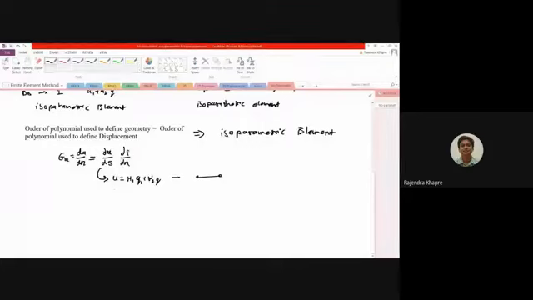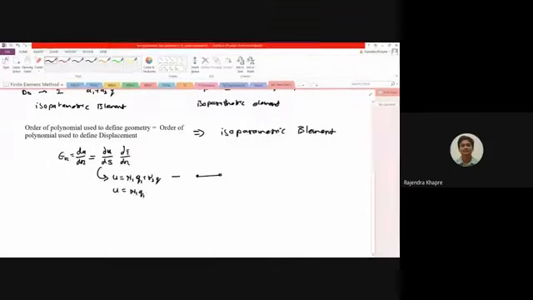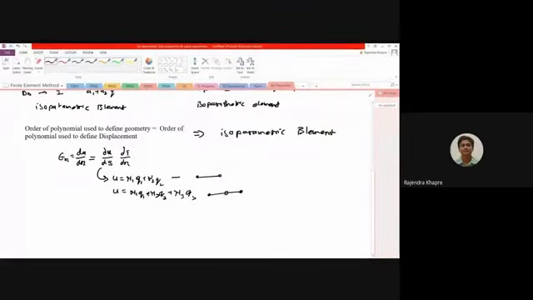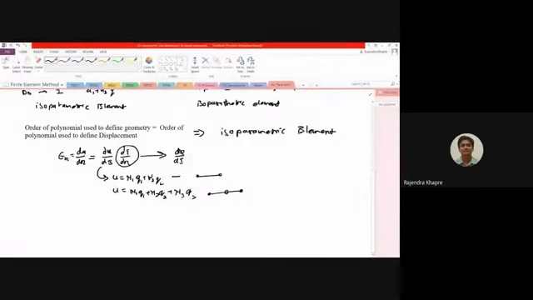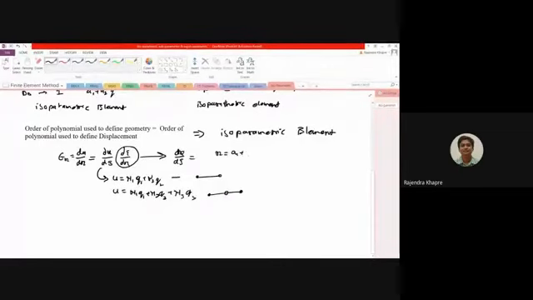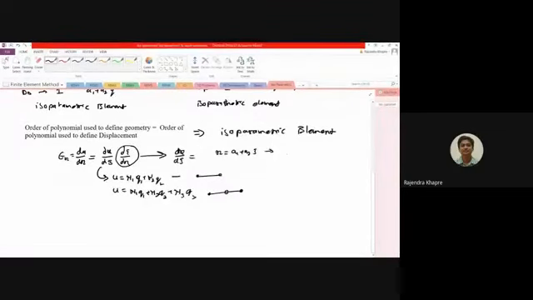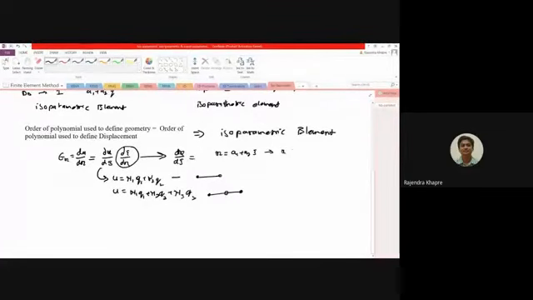If you are using a 3-noded bar element, this will be N1 Q1 plus N2 Q2, okay, plus you will be having N3 and Q3. Now here we have to use dx by dxi, because you have an expression of x in terms of a1 plus a2 times xi, or maybe if it is a 3-noded bar element, x can be written as a1 plus a2 times xi, okay, plus a3 times xi square.